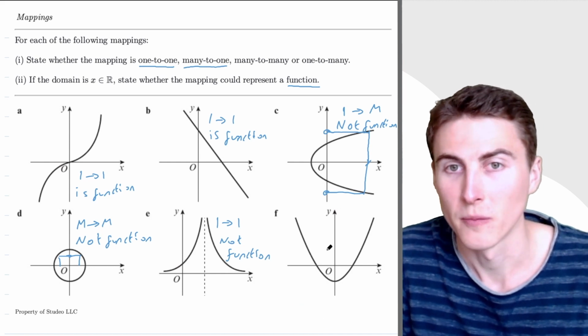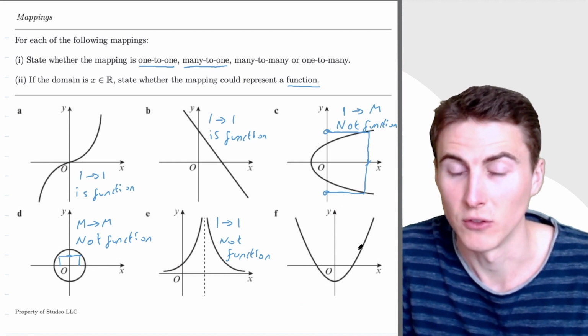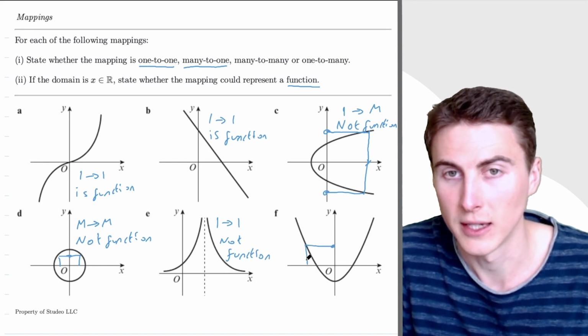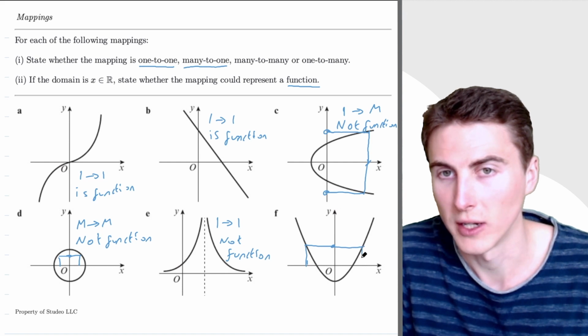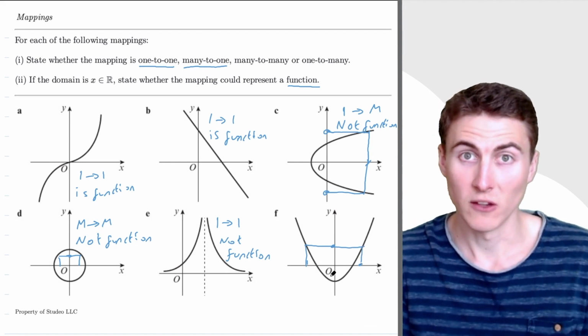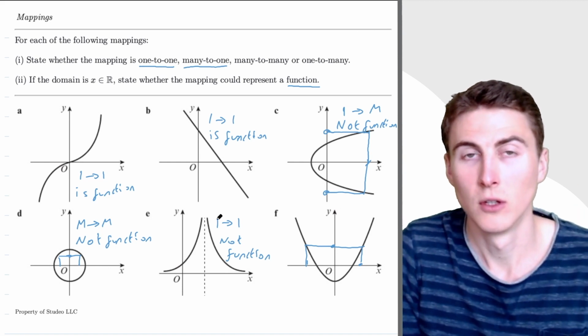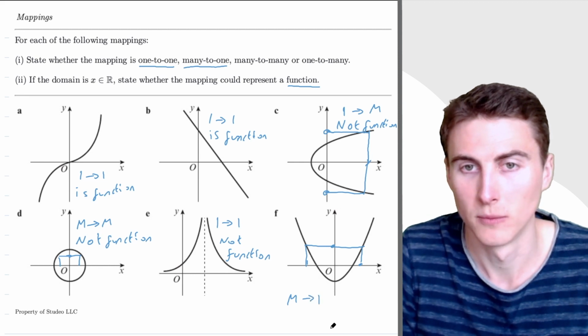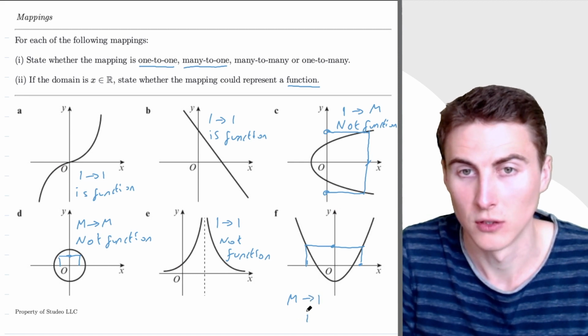Not quite one-to-one, because there are multiple x values that can give you the same y. For example, if I want this y value here, I could get it from this x, or I could get it from this x here. So there are many x values that give me the same one y value. So it's a many-to-one. Many-to-one, and that counts as a function. So that is a function.